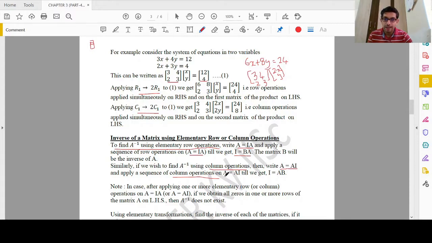So we have to apply it on A on the left hand side and on I on the right hand side till we get I on the left hand side. That means we will get an equation of the form I equal to AB. So we are changing A on the left hand side and I on the right hand side, that is, the second matrix of the product.